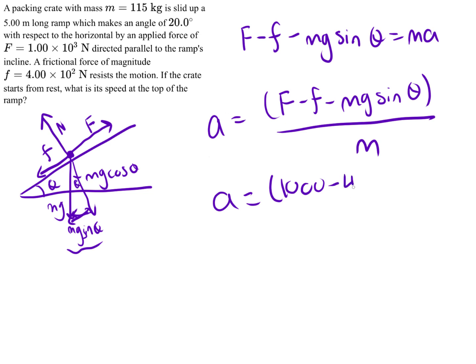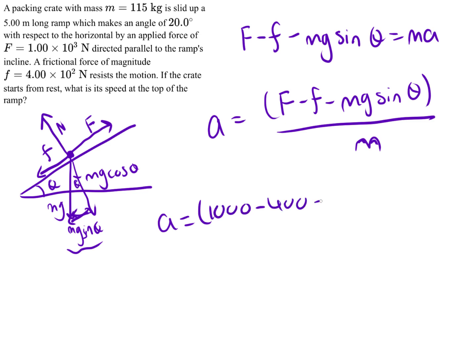The frictional force is 400 newtons, since 4 times 10 squared is 400, minus the mass of 115 kilograms times 9.8. This is a little squished, so I'm a little out of room. So I'm going to write it somewhere where I have more space. Maybe down here. And this is the exact same thing, times 9.8.